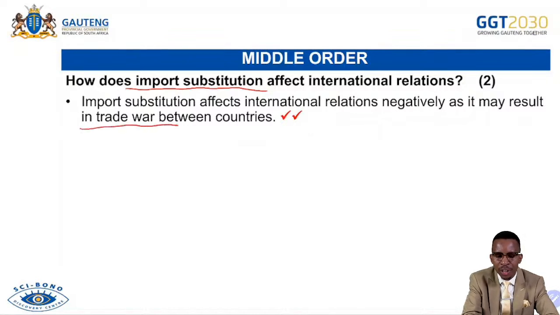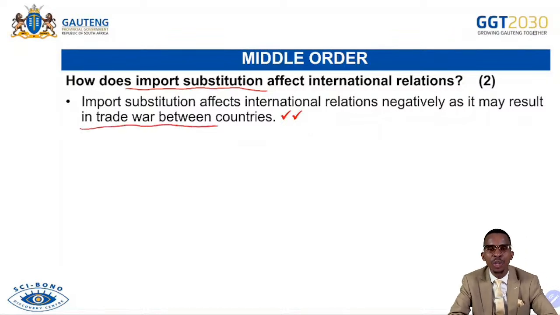If we talk about a trade war in this section, we refer to a situation whereby countries find themselves fighting using tariffs and quotas, or import restrictions against each other, because one country has just decided to impose tariffs on another's products. For instance, we saw China fighting with the USA over import tariffs.